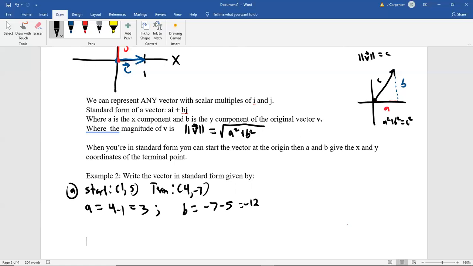That's it. That's the entire process, besides just putting the 3 and the -12 in front of the i and the j. So our original vector v is represented by 3i minus 12j. And again, if you're just writing the vector v equals 3i minus 12j, that's okay too.